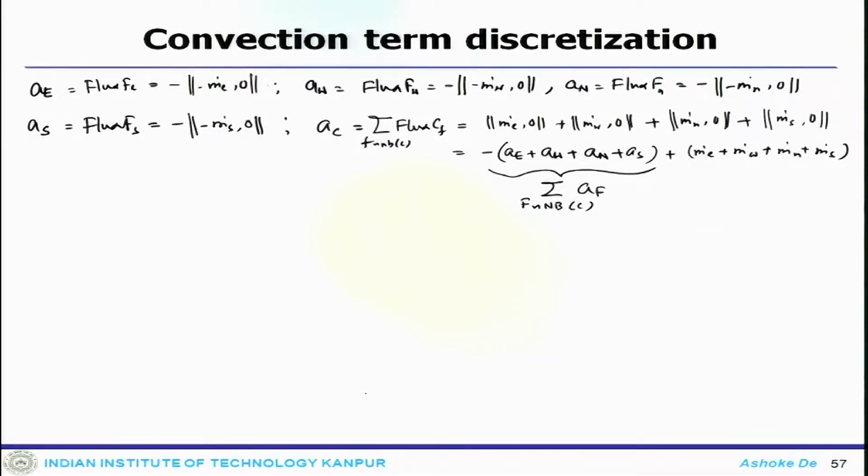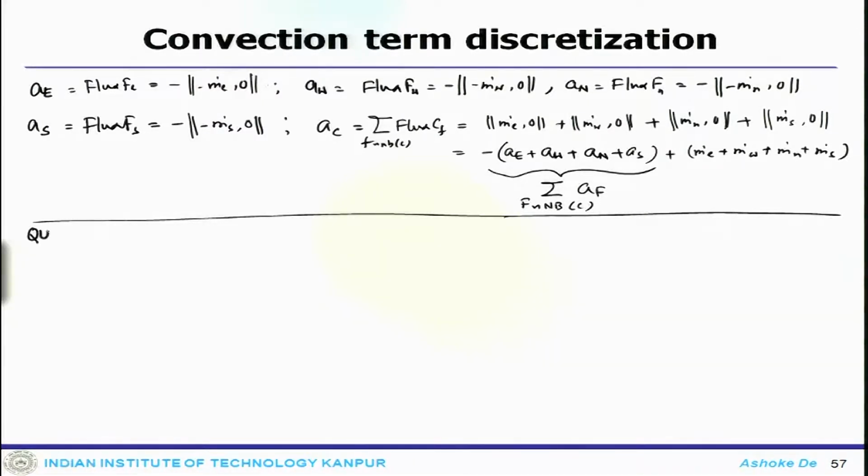Now, for example, if someone uses the QUICK scheme, what happens? That was for the first order upwind scheme.